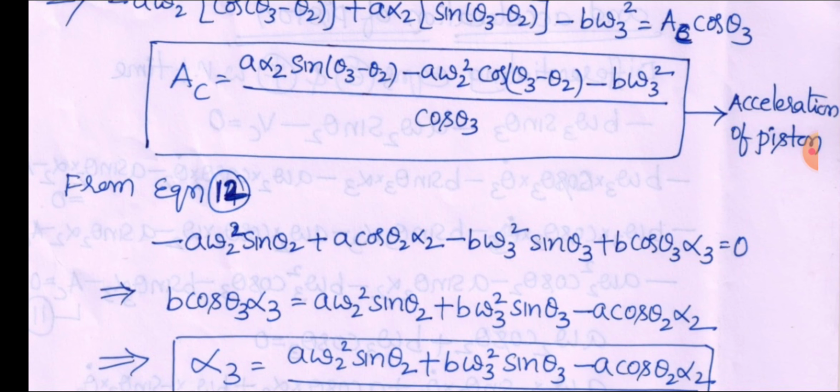Like that, I got the acceleration components. One is the linear acceleration of the piston and another is the angular acceleration of the connecting rod. So this completes the derivation.